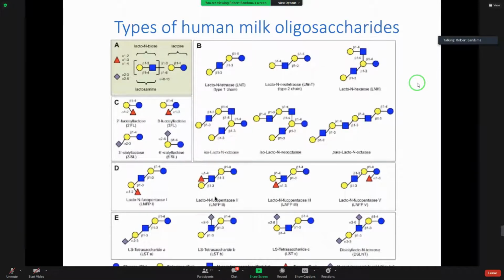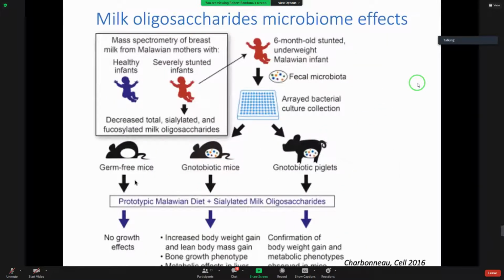Here you see a couple of examples. They've also been found to affect growth. So they can be seen as prebiotics, right? They affect the microbiome because they are the nutrition of microbial species.